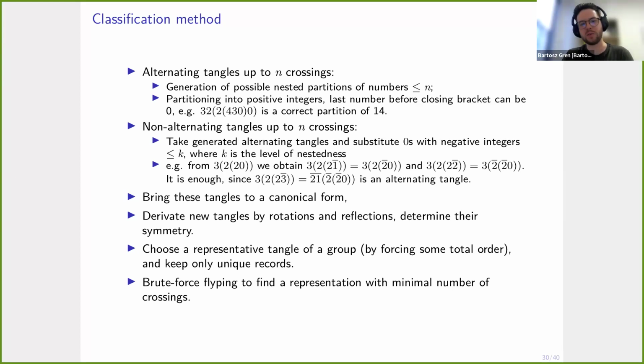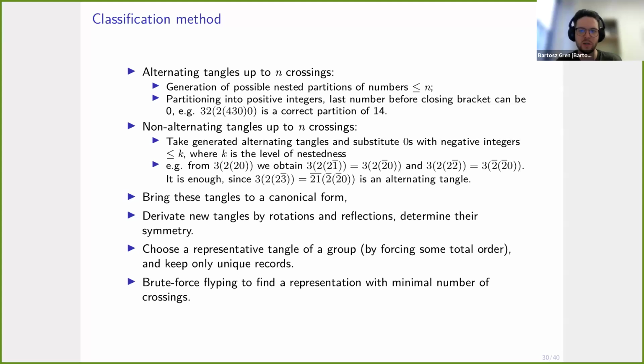For each of these tangles, we derive new tangles by rotations and reflections to determine their symmetry. Then we choose a representative tangle for each set of tangles created by rotations and reflections, and keep only unique records. This step is to remove tangles which are isotopic.